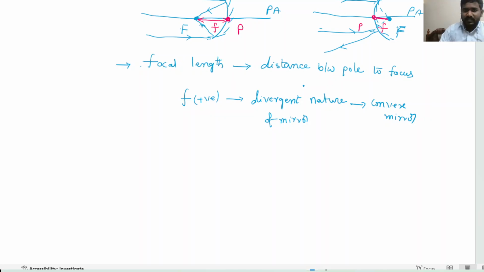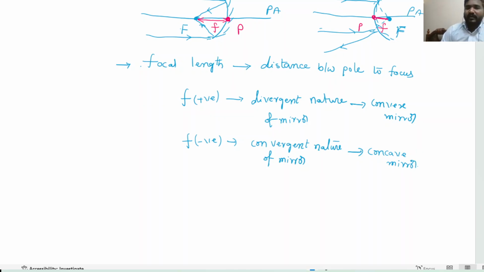If the focal length is negative, it is called a convergent mirror, a convergent nature of mirror, and the convergent mirror is the concave mirror. So depending on the focal length, we find out the nature of the mirror. If focal length is positive, divergent nature; if focal length is negative, convergent nature.